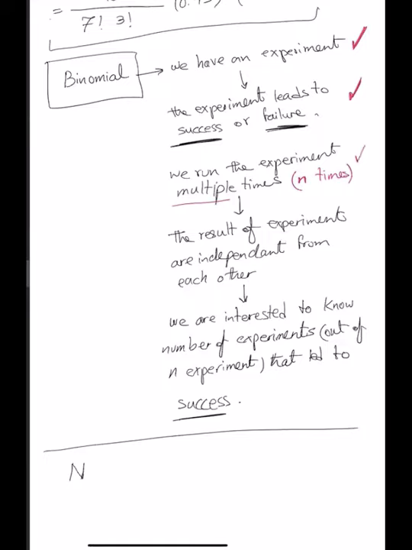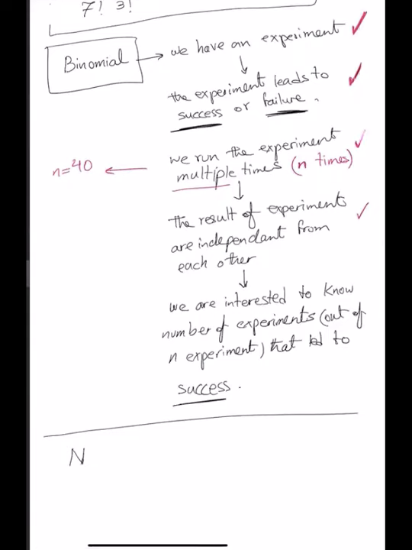So how many times has this experiment been run here? 40. Okay, so here I'm dealing with a scenario when n is 40. N is not 10 anymore. N is 40. And the results of the experiments are independent from each other. We know that. And we are interested to know the number of experiments that have led to success.